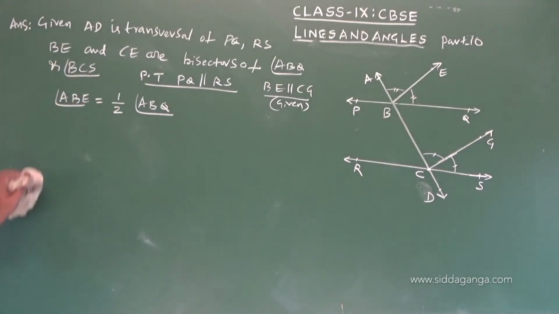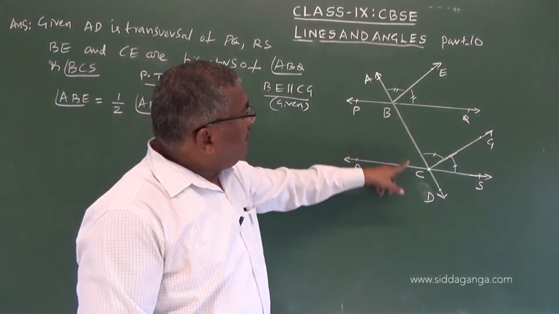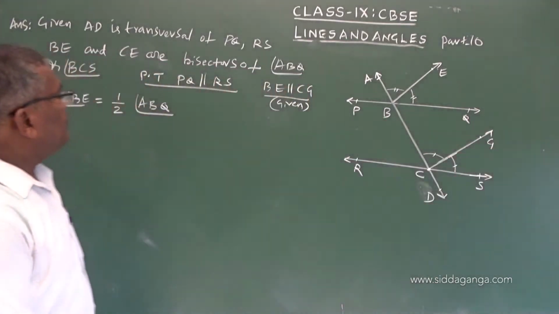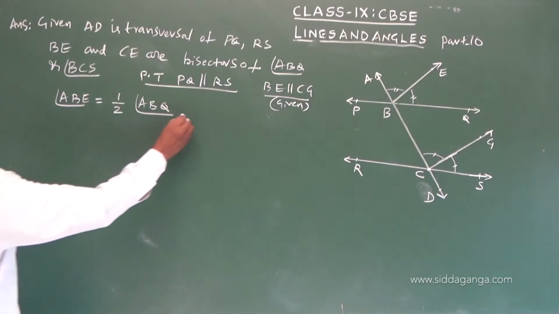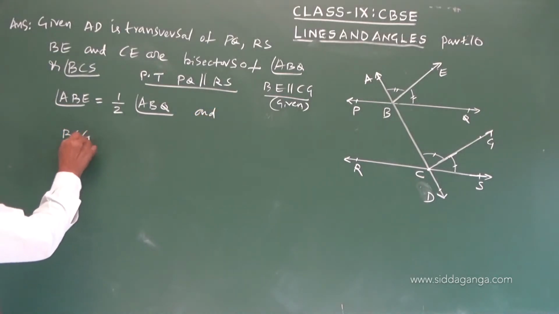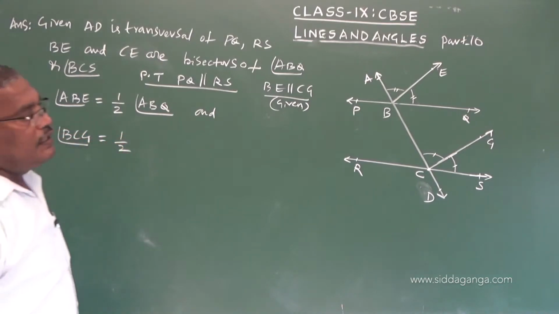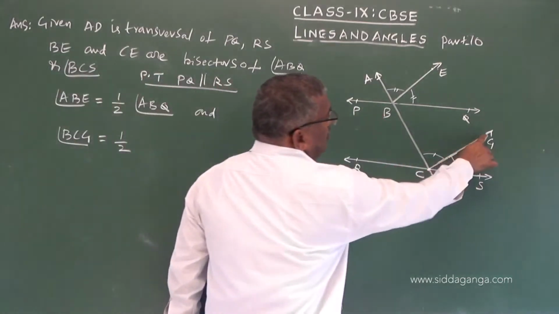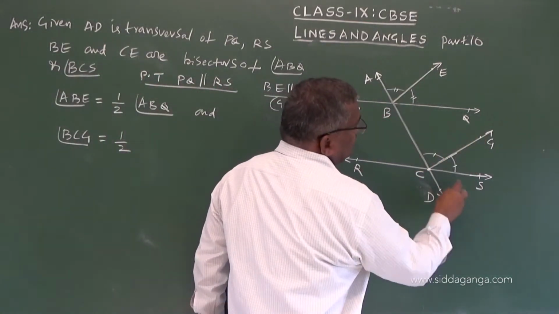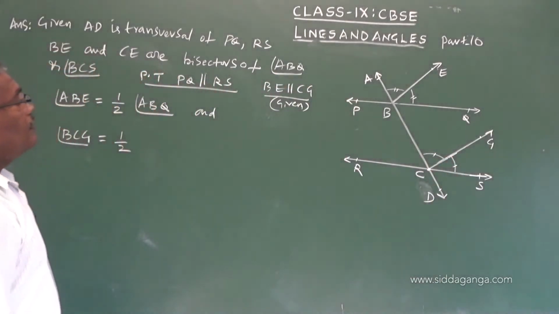Now you observe here, let us take up BCG. Angle BCG is also equal to half of the total angle BCS, because these two are equal.